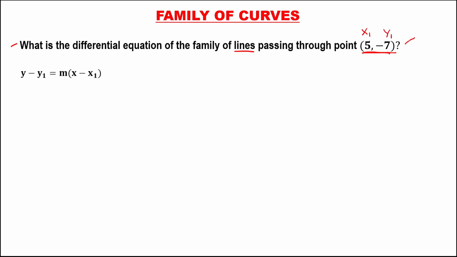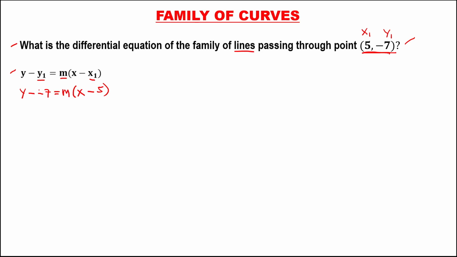So we need to substitute these values into this formula. This becomes y minus y sub 1, so this is negative 7, equals the slope times x minus x sub 1, that's positive 5.